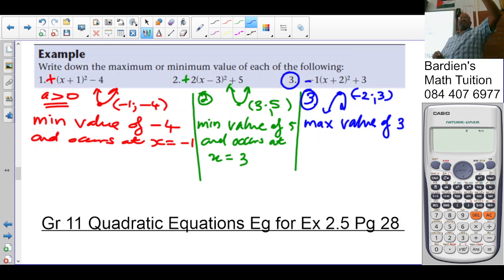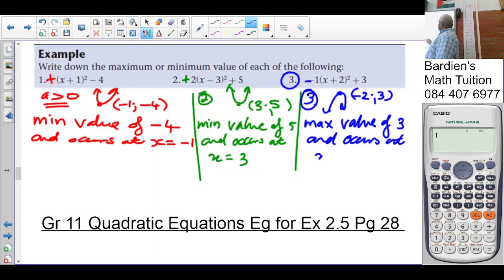The highest point it will reach for this parabola. Can you see? So it has a maximum value of 3, and the maximum value occurs at an x value of minus 2. Does it make sense? Right.